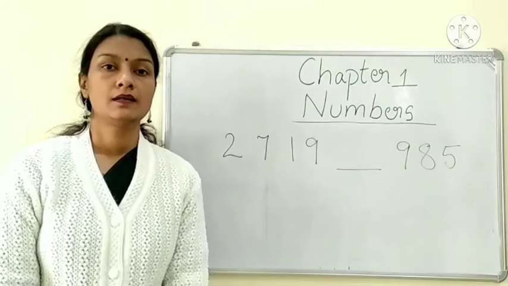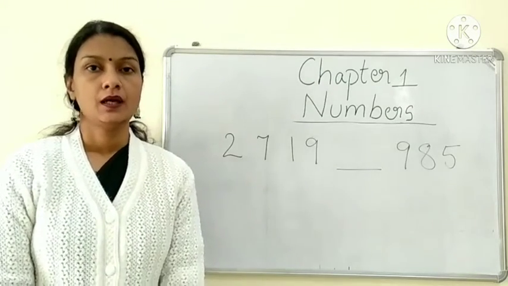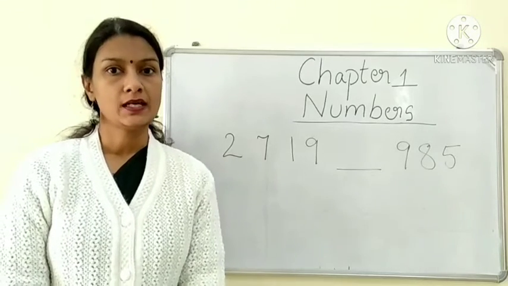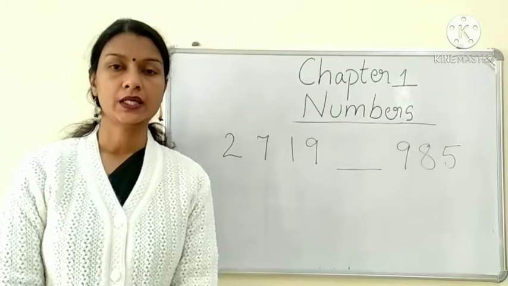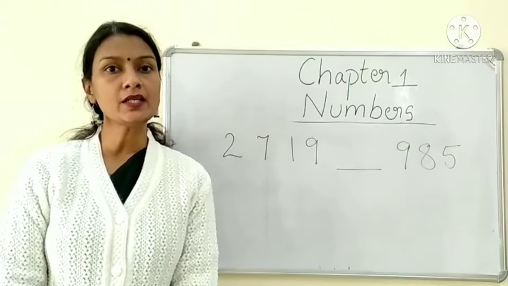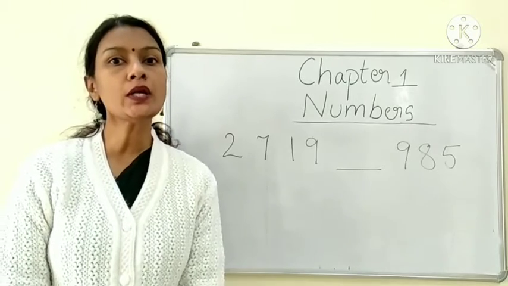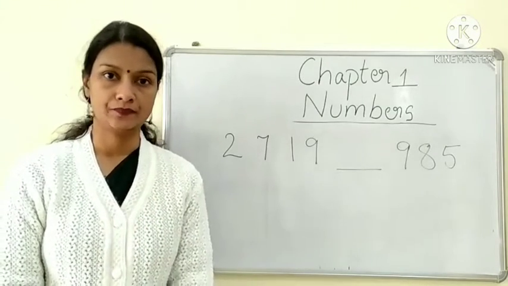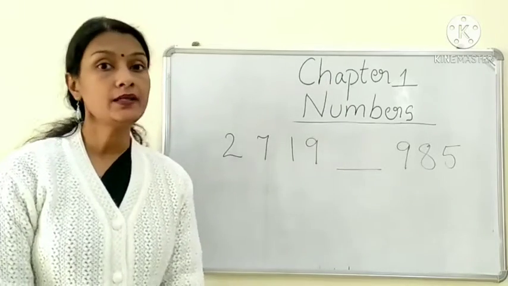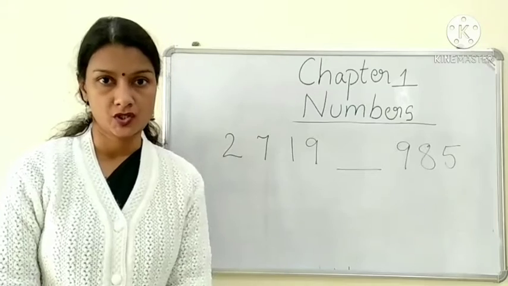Next is comparison of numbers. In class 2, we read how to compare 2 or 3 digit numbers. Here, we shall extend it to 4 digit numbers. If 2 numbers are given, then there are 2 possibilities. First, when the 2 numbers have different numbers of digits.